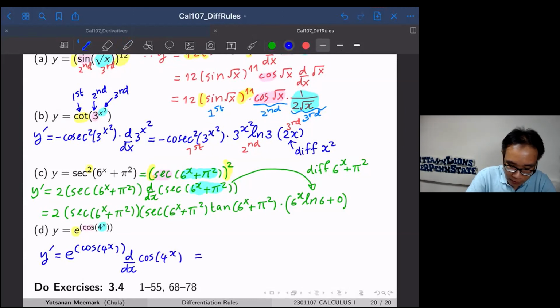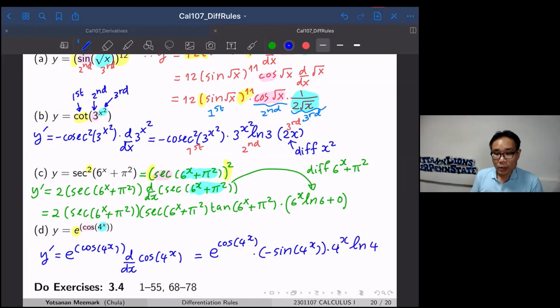Okay, and so you're gonna get e to the cos of 4 to the x, and you're gonna differentiate cos, you get negative sine of 4 to the x, and differentiating 4 to the x is gonna be 4 to the x log 4. Okay, so this one will be your final answer. So this one will be your derivative of the blue guy. Okay, so this one is the blue guy, and you don't forget to differentiate the blue guy.